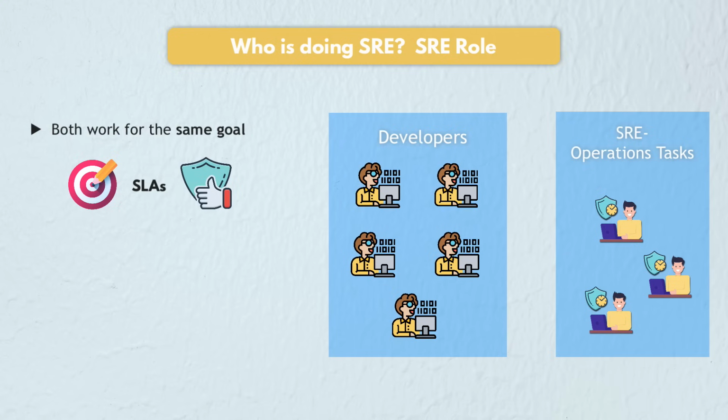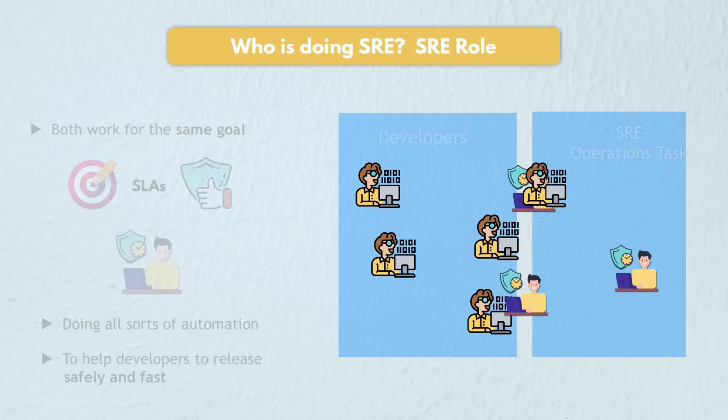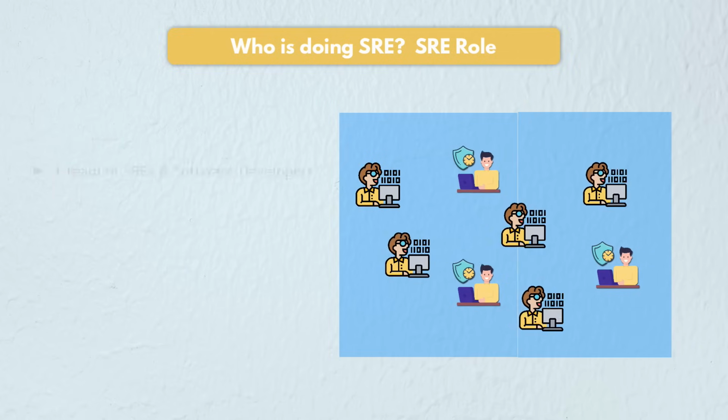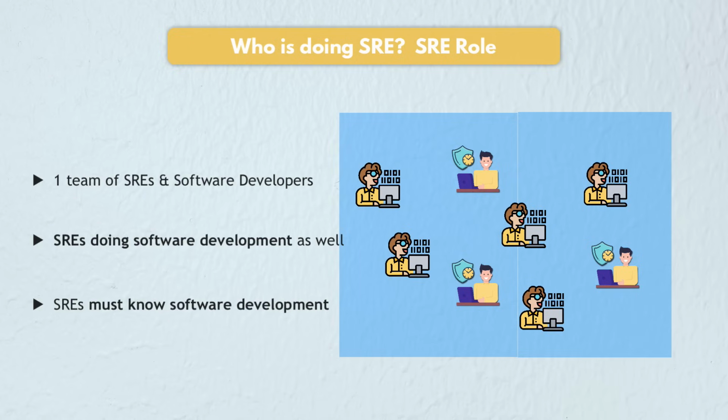So the SRE team maintains and takes care of the automated delivery, operations, and all sorts of automation that will help developers release their changes safely and fast. However, it's also common to have one team of SREs and software developers where SREs also do the software development job. And this means that SRE engineers must know software development as well, unlike DevOps engineers.